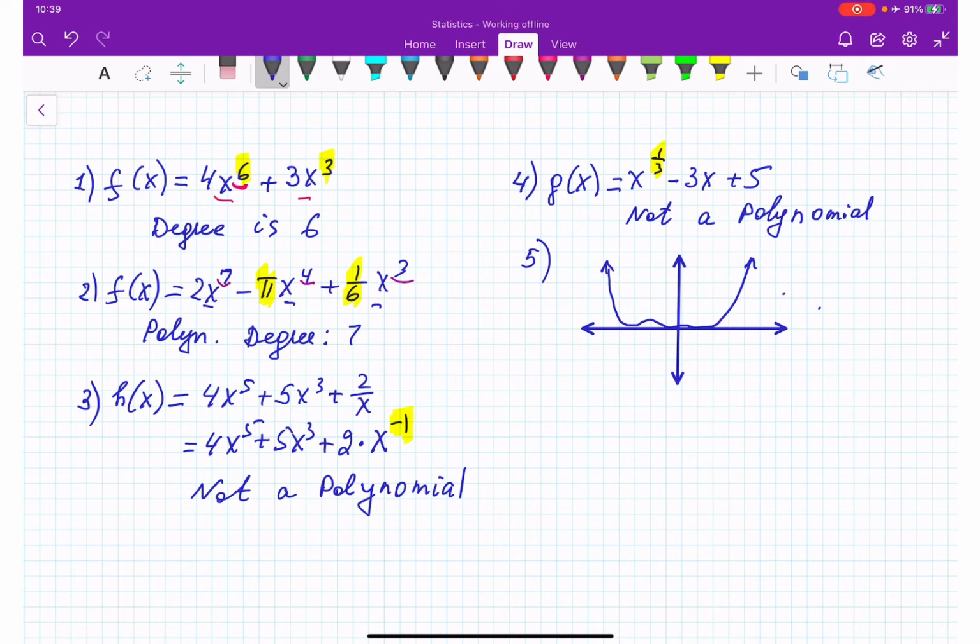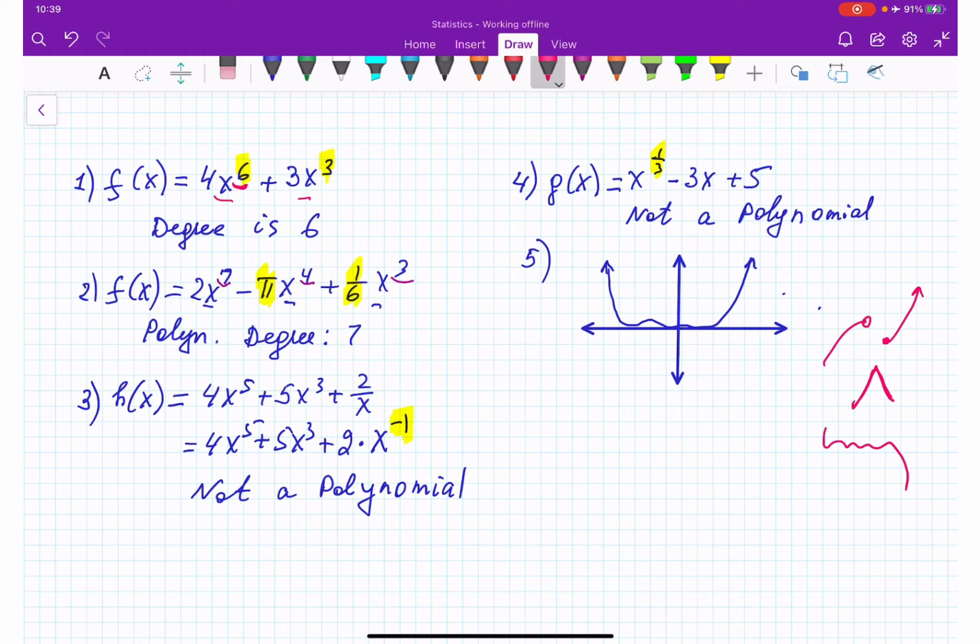A polynomial cannot have a cut. Let's say it comes here and then goes like here. A polynomial cannot have a sharp angle like this. It has to be smooth, without interruption, because that is why the domain of a polynomial is always going to be negative infinity to positive infinity.